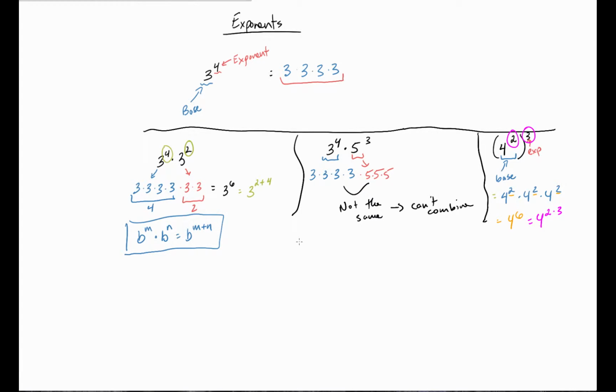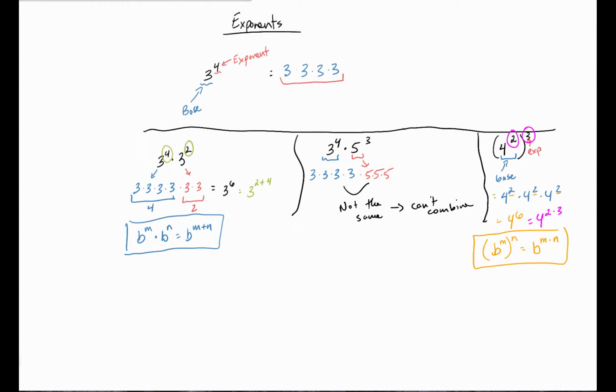In the second example, I couldn't do anything, so I'm certainly not going to formalize that into a rule. In the third example, though, I had b to the m raised to the n power, and that ended up just being b to the m times n.